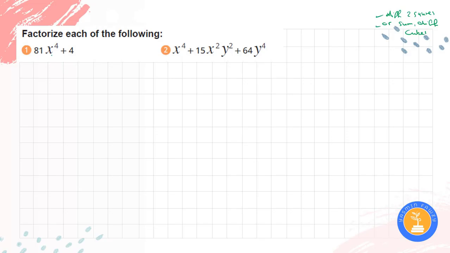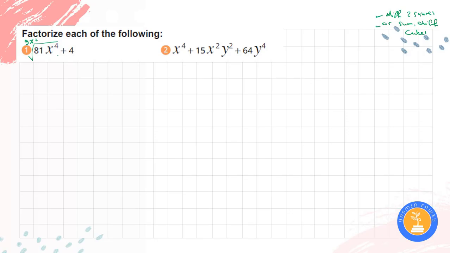Now we have the first term. It is a perfect square number, and it has an unknown. How can we get the square root of this number? The square root of this number equals 9x to the power 2. And this is the last term.